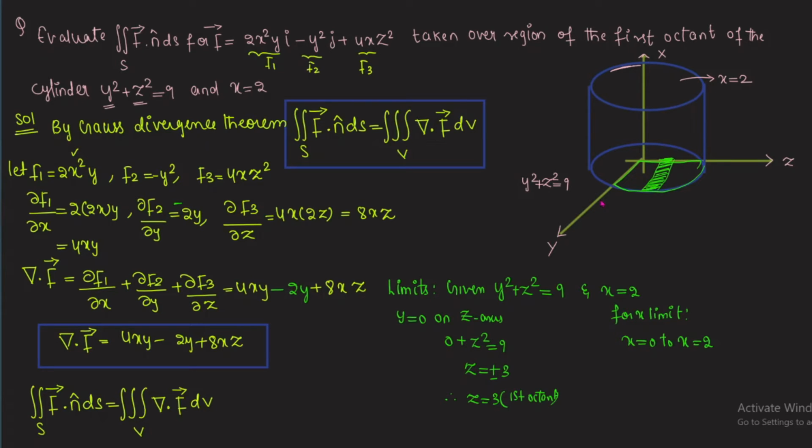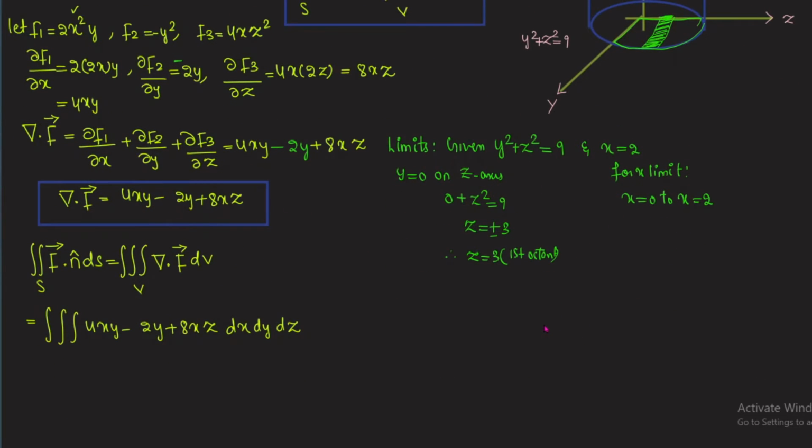So z would be 3. The limit of z will be z equal to 0 to z equal to 3.